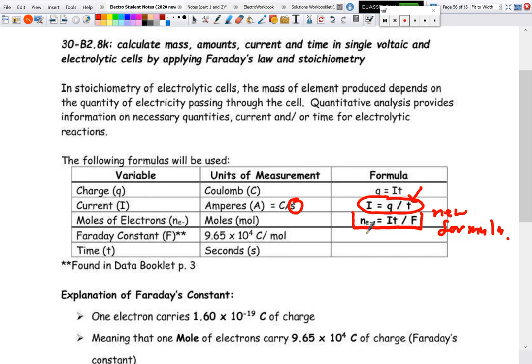We are identifying electrons because n is just moles, but in half cells there are electrons showing up, and power sources supply electrons, so this is what we're counting. It's equal to IT over F, where I is the current, T is the time in seconds, and F is Faraday's constant. Faraday's constant is 9.65 times 10 to the power of 4 coulombs per mole, and time is in seconds.